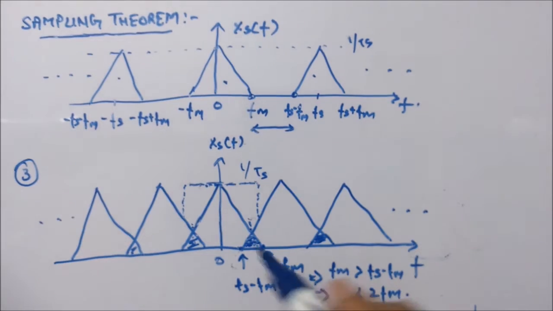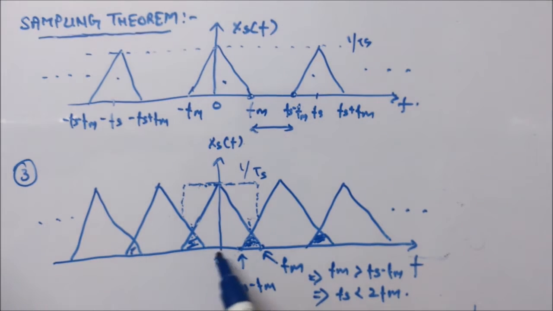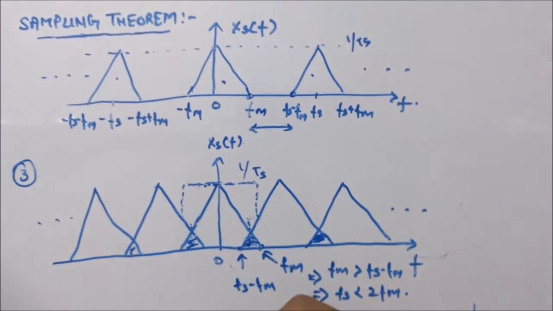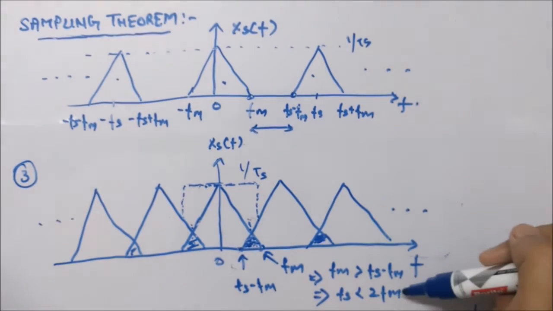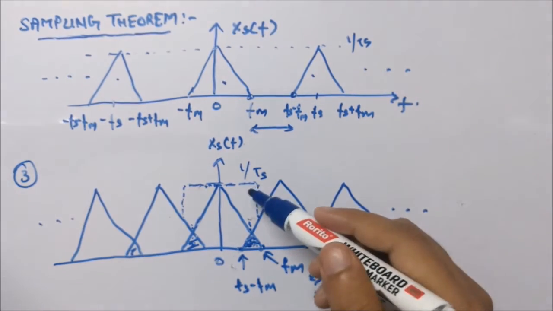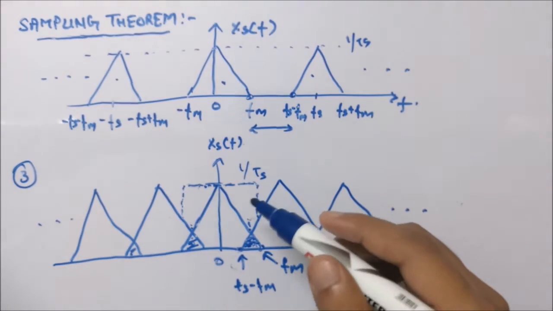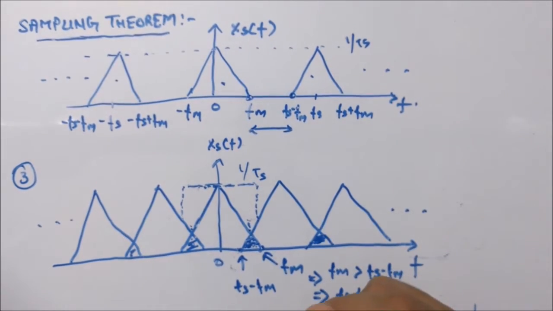So you can see this point is fm and this point is fs minus fm. So this implies fm is greater than fs minus fm. If you rearrange, fs is less than 2 fm, which you don't want. So in this third case, when fs is less than 2 fm, you won't be able to recover your signal from the filter.